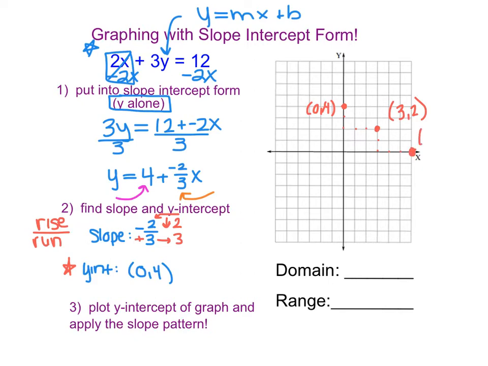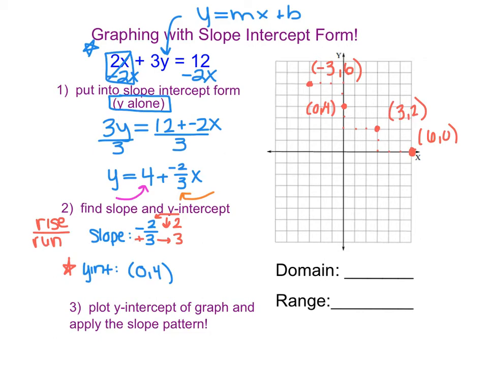So I have another point at x is 6, y is 0. Now once I see this pattern, I can also apply it backwards by going up 1, 2, and then backwards 1, 2, 3. To find that I have a point at x is negative 3, y is 6. So I can use that slope pattern to help me actually plot additional points to go on my graph.